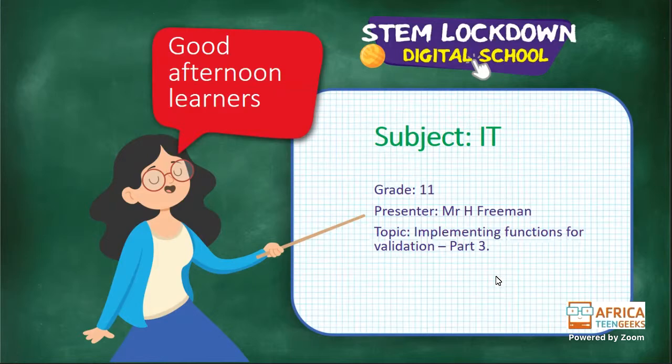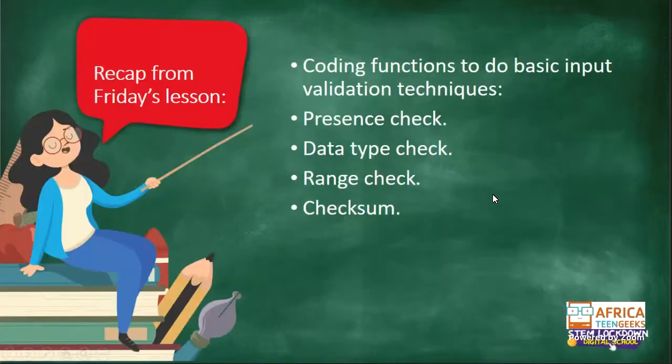So we started on Friday where I discussed validation and what it is and the different types, and referenced a little bit of verification and so on, and discussed the differences. And then we eventually started yesterday, late in the lesson, with our little Delphi project where we're going to implement all these functions.